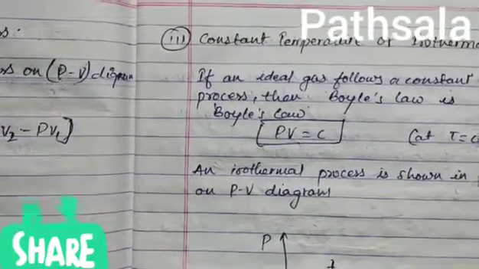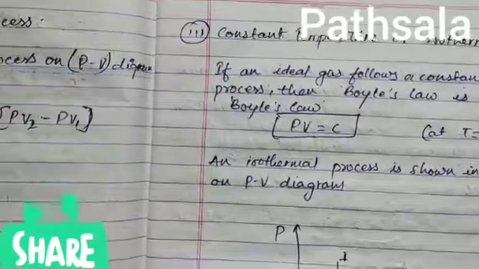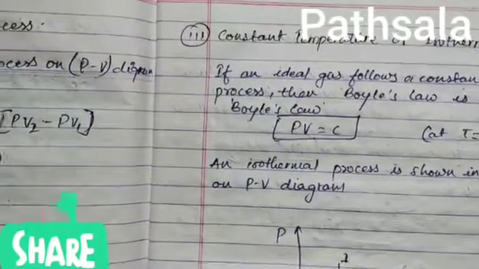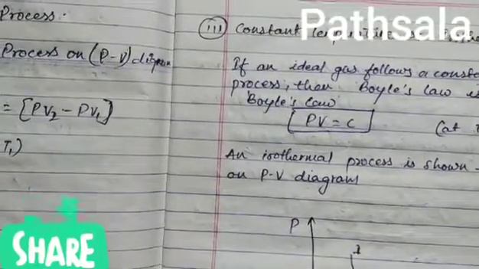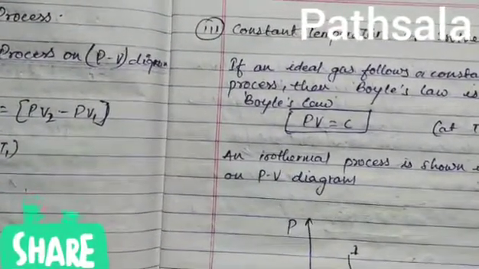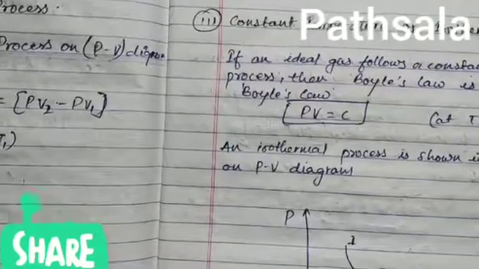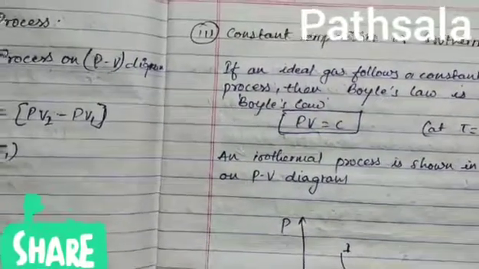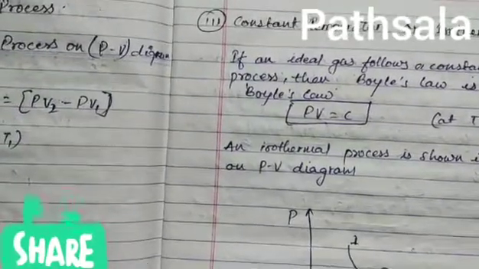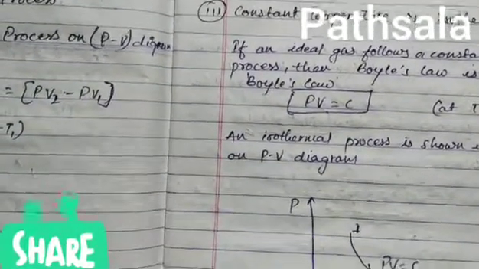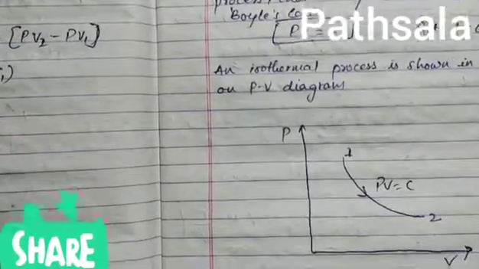Now the constant temperature or isothermal process. In the constant temperature or isothermal process, the temperature is constant, so delta T, the change in temperature, is equal to 0. If an ideal gas follows the constant temperature process, then PV is equal to constant at constant temperature.